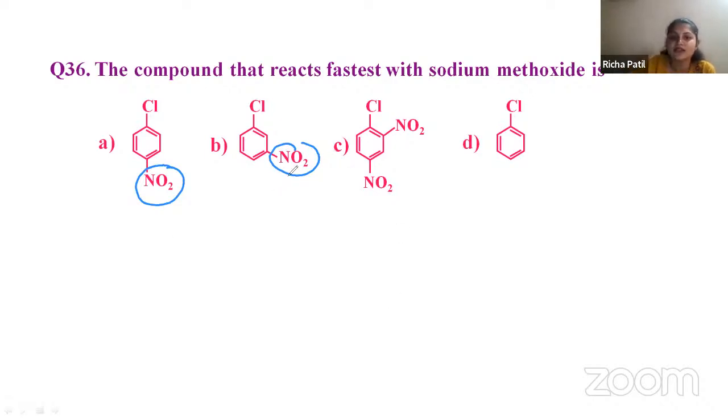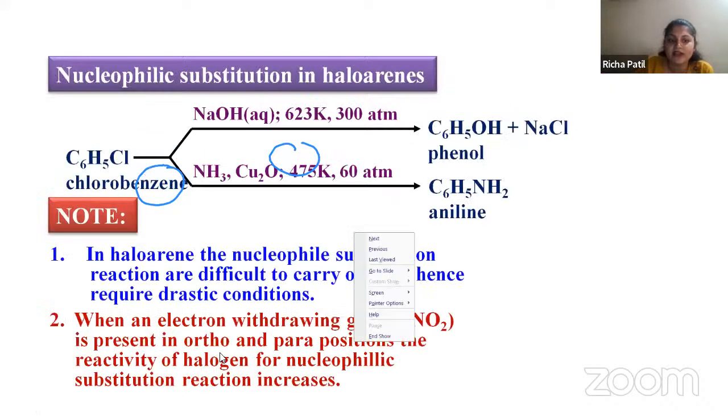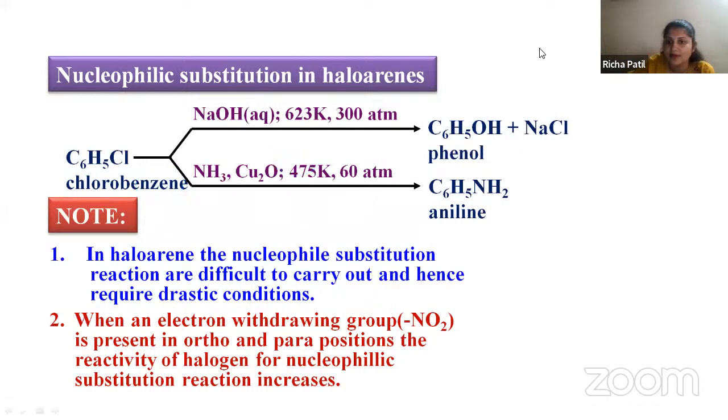Just read this once, then you can go. Not A. Here you can see, if the nitro group is present at the ortho-para position, the reactivity of halogens for nucleophilic substitution reaction increases. Yes, correct.